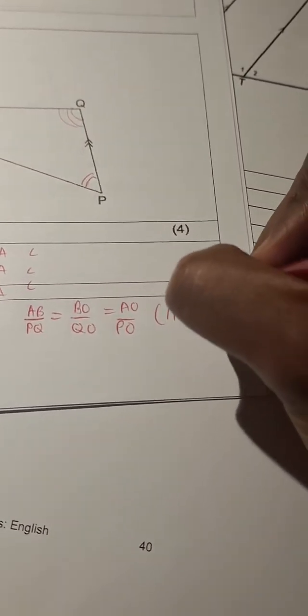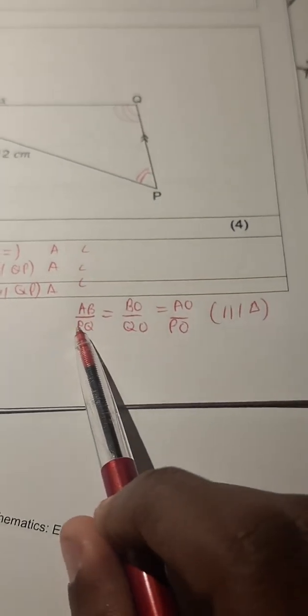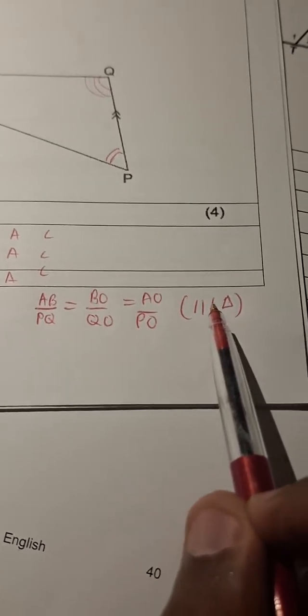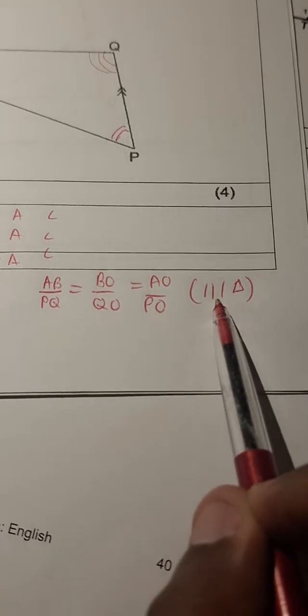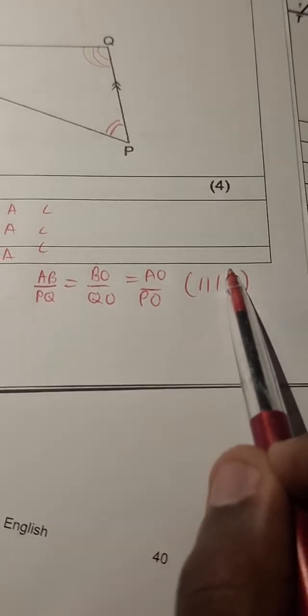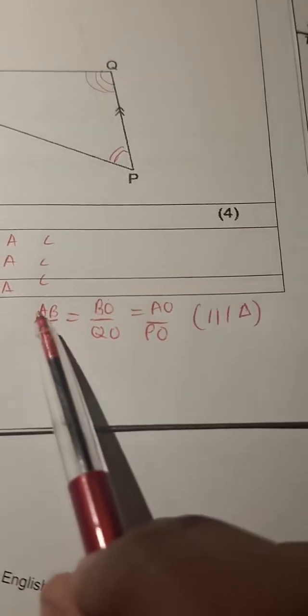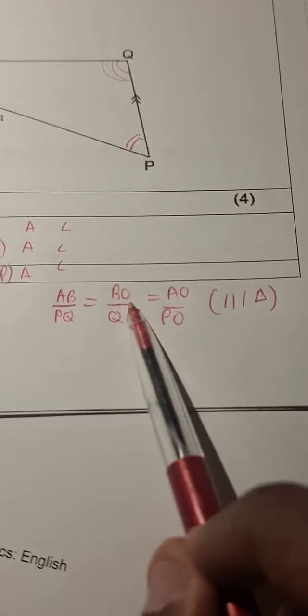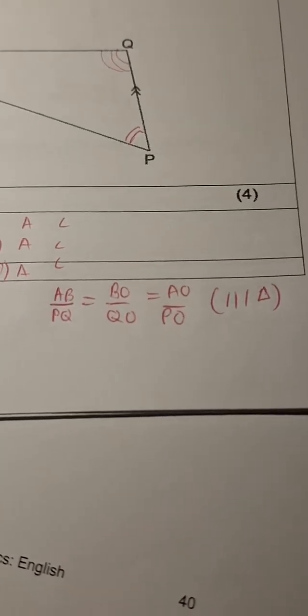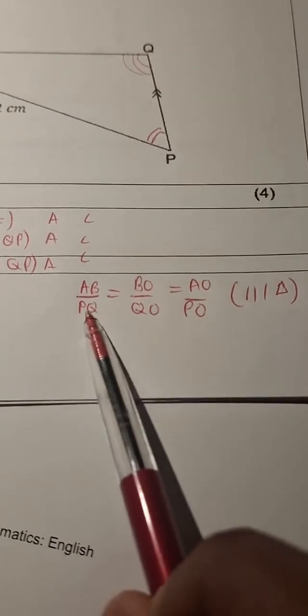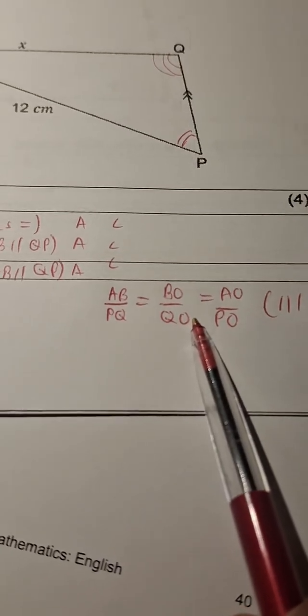These sides I can say now they are in the same proportion. Why? Because of similar triangles, this is the symbol for similar. I've proven that the triangles are similar. Therefore, I can now state that the sides are in the same proportion, same ratio. Ratio means fraction. Make sense, guys?